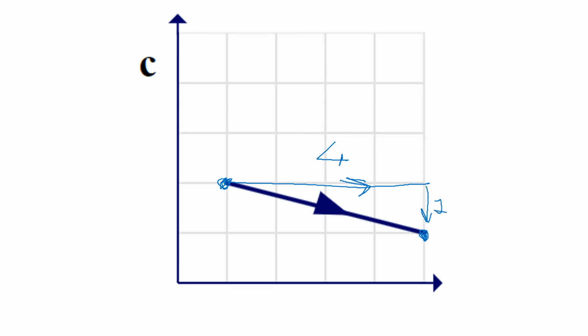So therefore this vector is going to have 4 because we know that going to the right is positive. But what about going down? Going down is negative. And so therefore, this vector is (4, -1).